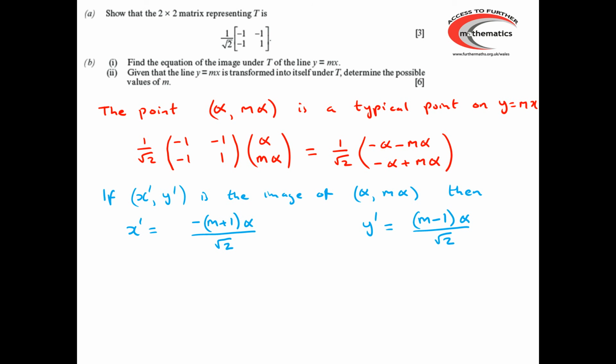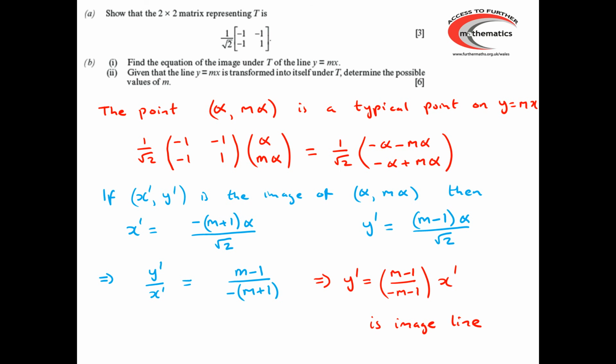So it might be worth considering y dash divided by x dash, because the alphas will cancel each other out, and the root 2s will cancel each other out. So we've got y dash over x dash is m minus 1 over minus m plus 1. In other words, y dash equals m minus 1 over minus m minus 1 times x dash. And that is the equation of the image line.